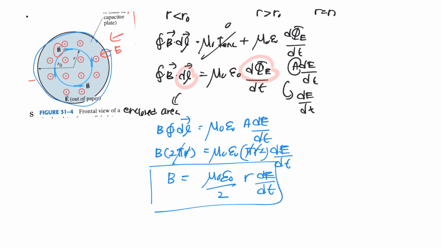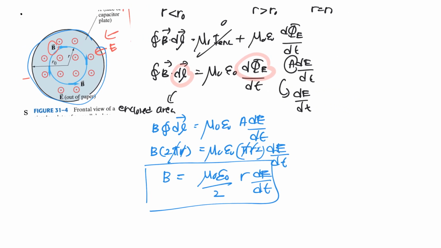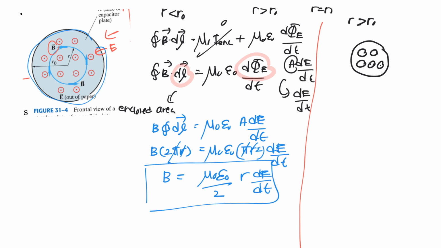Right now we are going to derive the next one, which is R more than R naught. So here the enclosed area already changed, which means that you have this area which has a change of electric field, and then you have the area R which is more than R naught here.